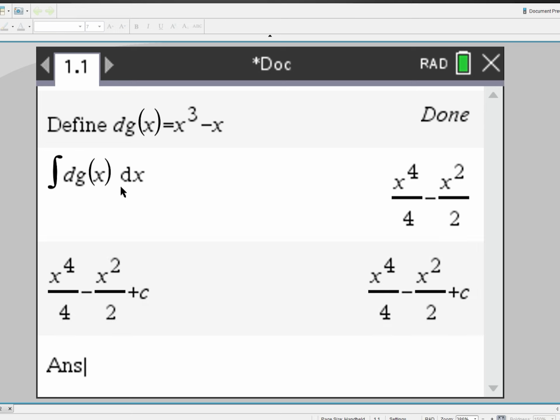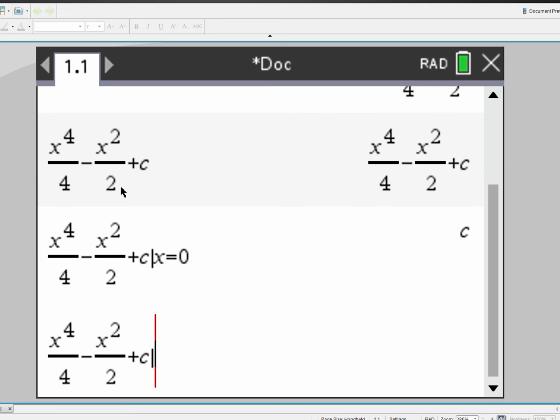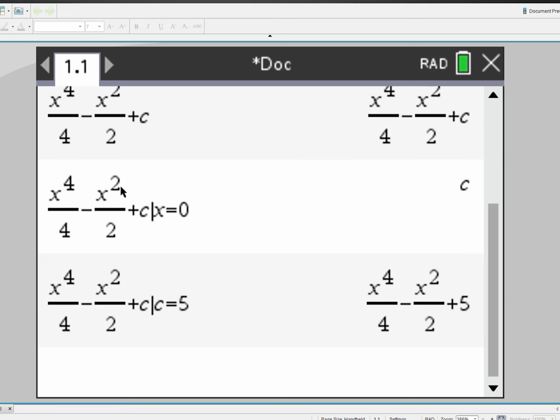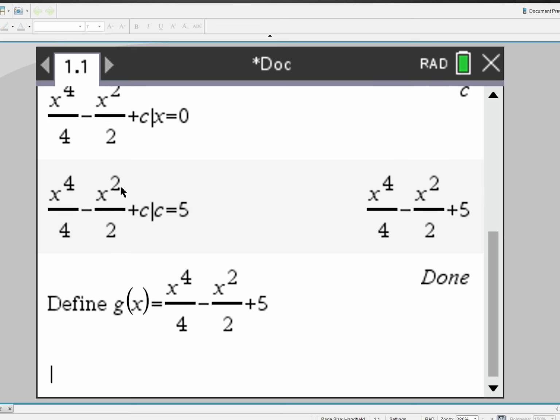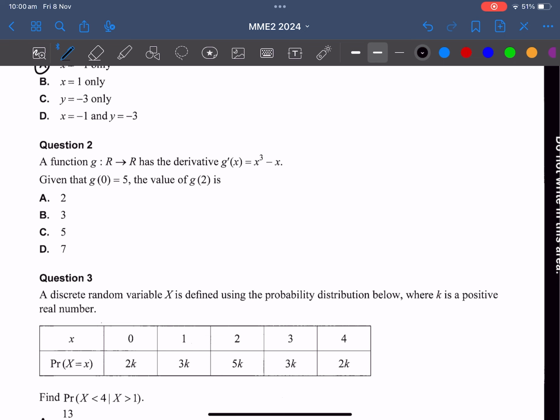So then x equals to 0, so our c is gonna be just 5, so let's put that back in, so c is equals to 5, and define g of x is equals to that, so g of 2 is what we are finding. There we go, so g of 2 is just going to be 7, so answer is going to be D.